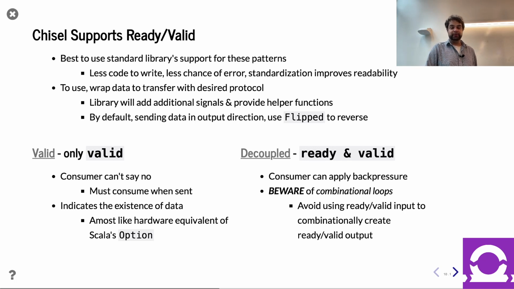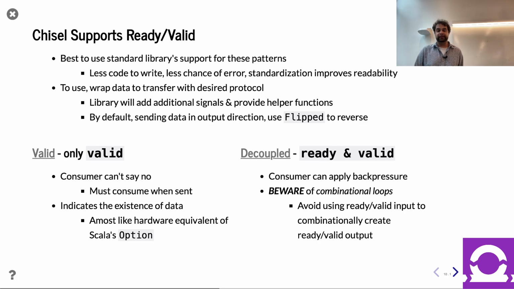Valid as a protocol is much simpler. It's just a valid. There's no ready signal because ready is assumed to be always one. Basically, it's a way for a producer to say, I'm actually sending data or I'm not sending data, and it's assumed that the consumer can take it no matter what. In some ways, it's almost like the Scala Option covered before.